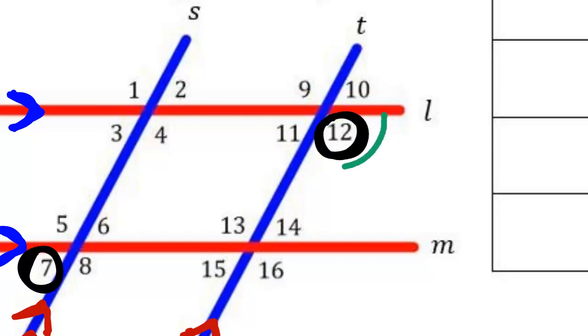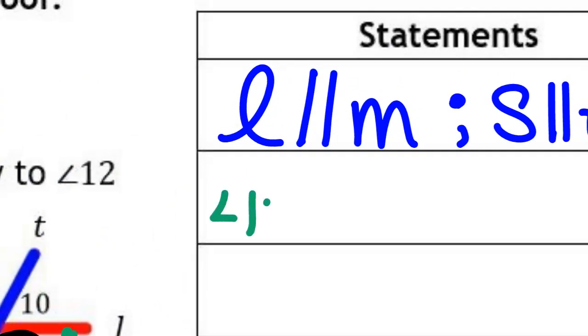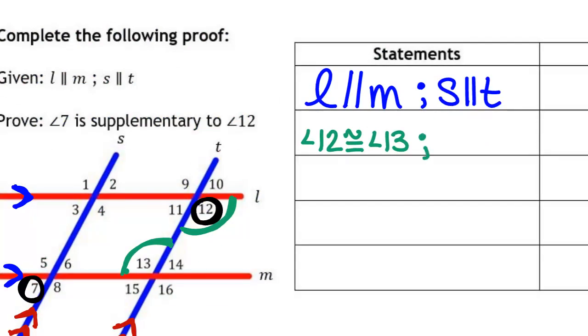Well, I know that 12 and 13 would have to be the same size because those are what type of angles? Alternate interior angles. So angle 12 is congruent to angle 13 because they are alternate interior angles.